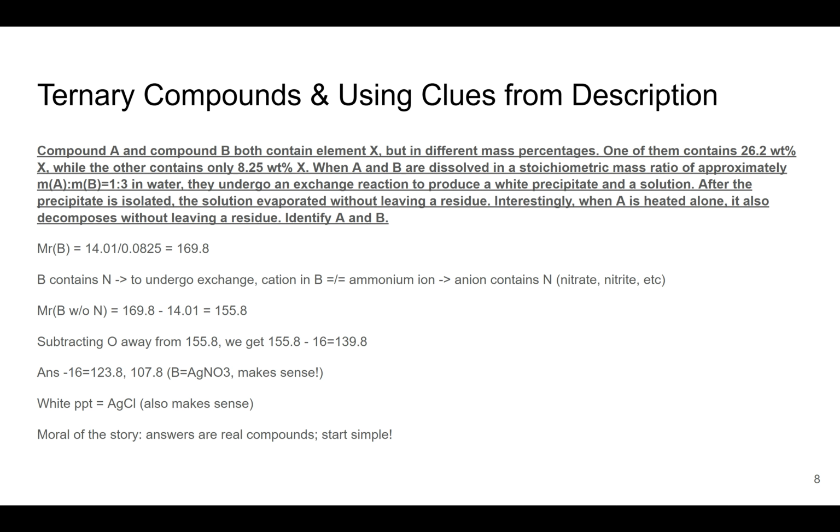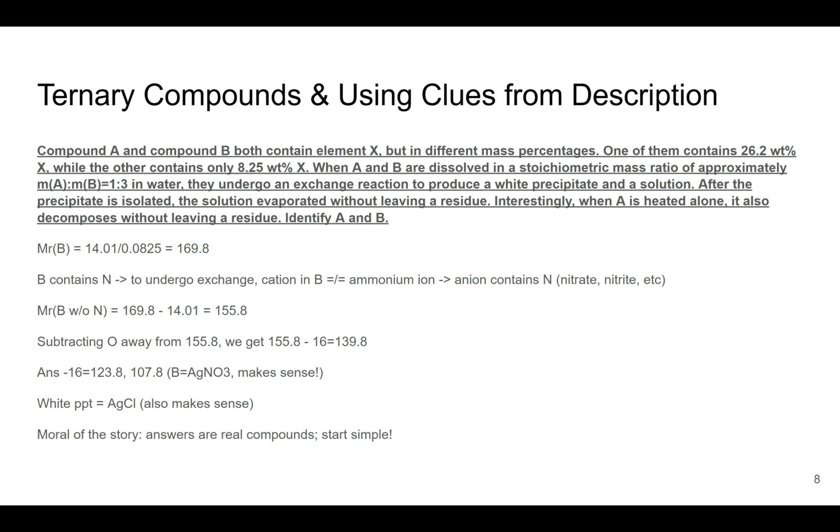And that makes sense because silver has a plus one charge here, and the NO3 minus has a minus one charge, so the charge balances out. And we know that silver nitrate is a compound that really exists, and with this we can make sense of what is the white precipitate formed. So the white precipitate is just AgCl, silver chloride, and that also makes sense to us.